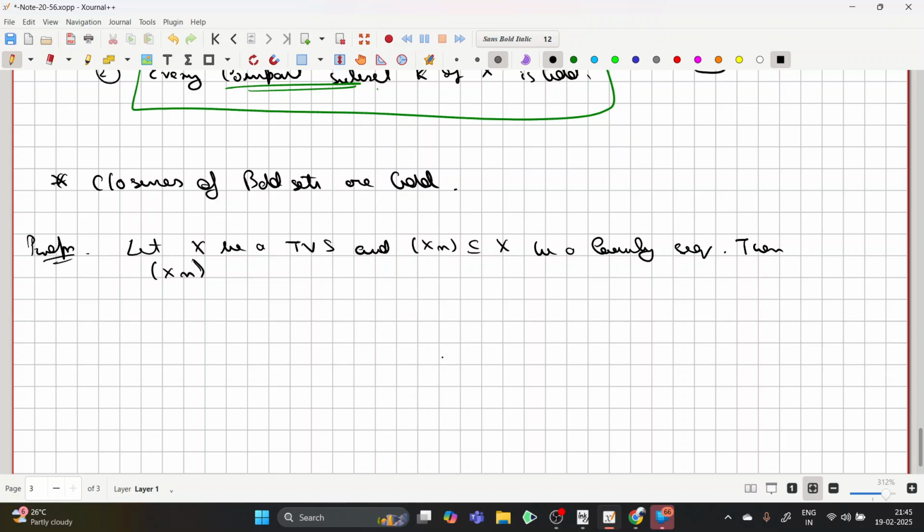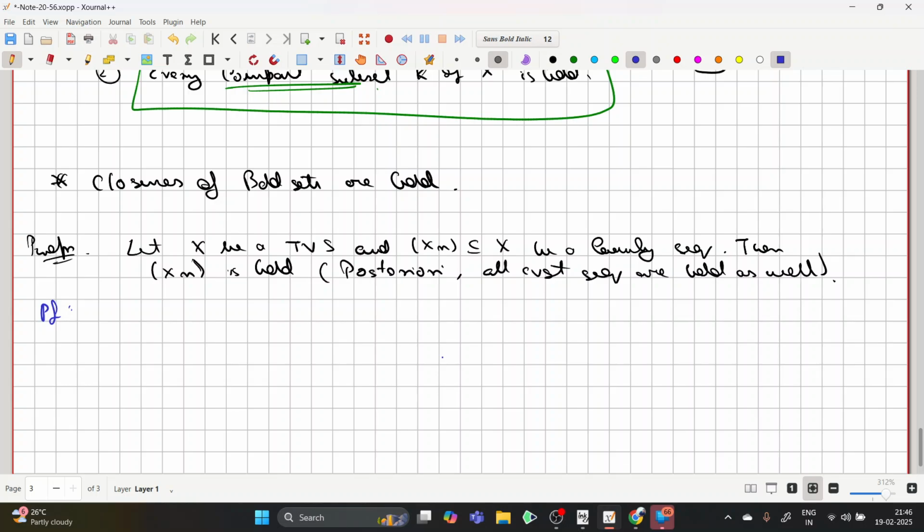Then xn is bounded, and a posteriori, once we prove this, all convergent sequences are bounded as well.